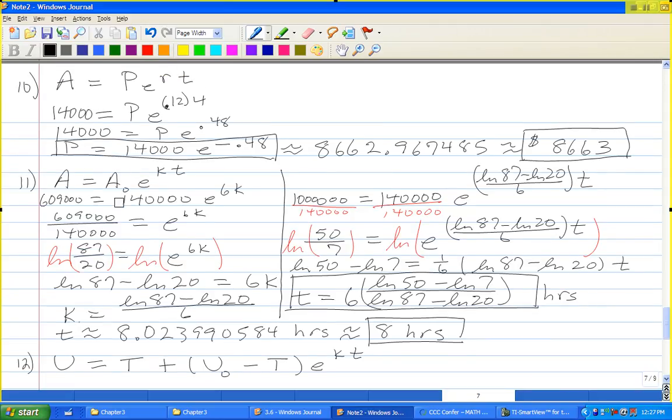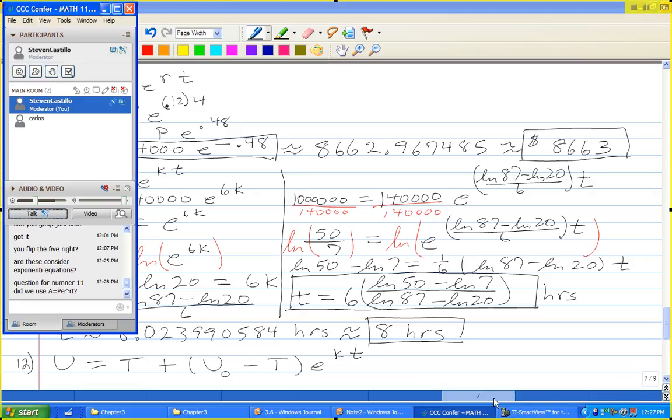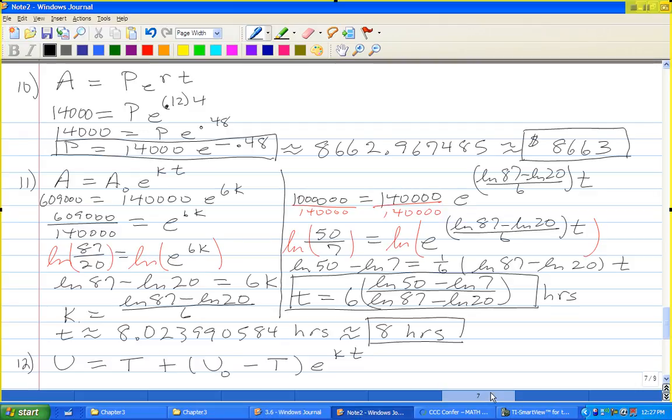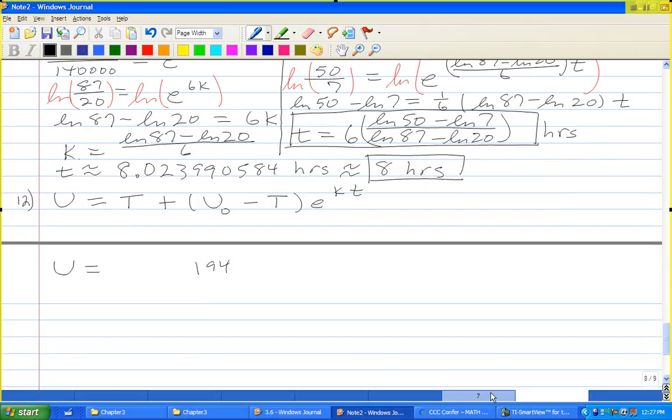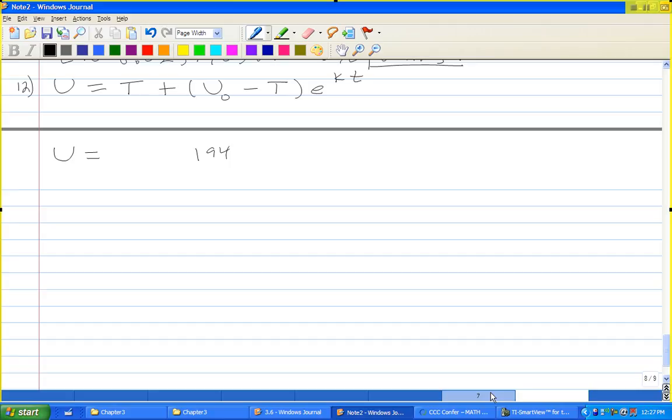It just happens to be a different notation. Instead of calling it P, I call it A0, instead of R, K. Historically we use different letters, but it really is the same equation.